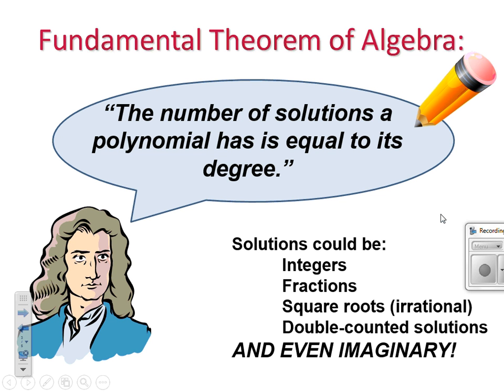Sometimes you're going to get the same solution twice. Remember, that's a double counted solution or a double root. And sometimes you're even going to get imaginary solutions. So the number of solutions is always equal to its degree, but sometimes the solutions aren't very nice. So that's what we're going to see today.